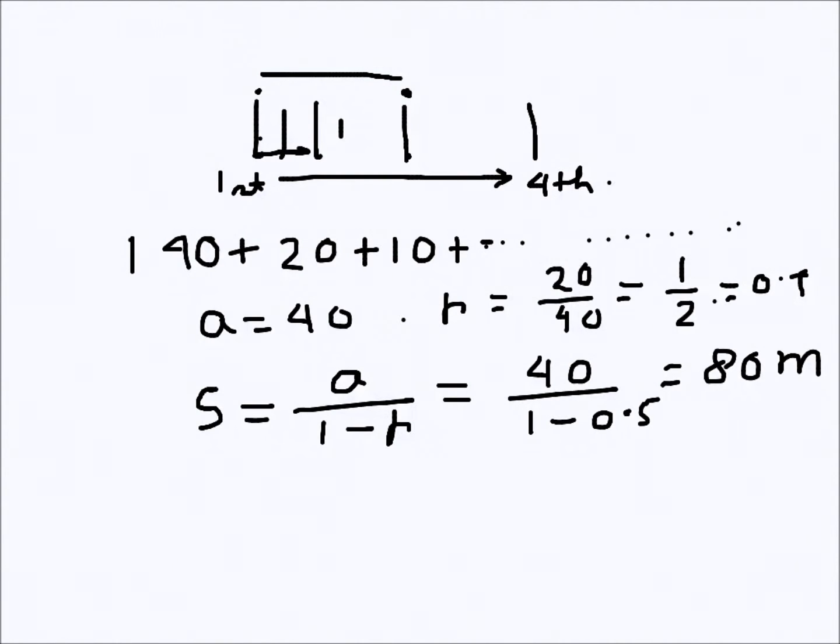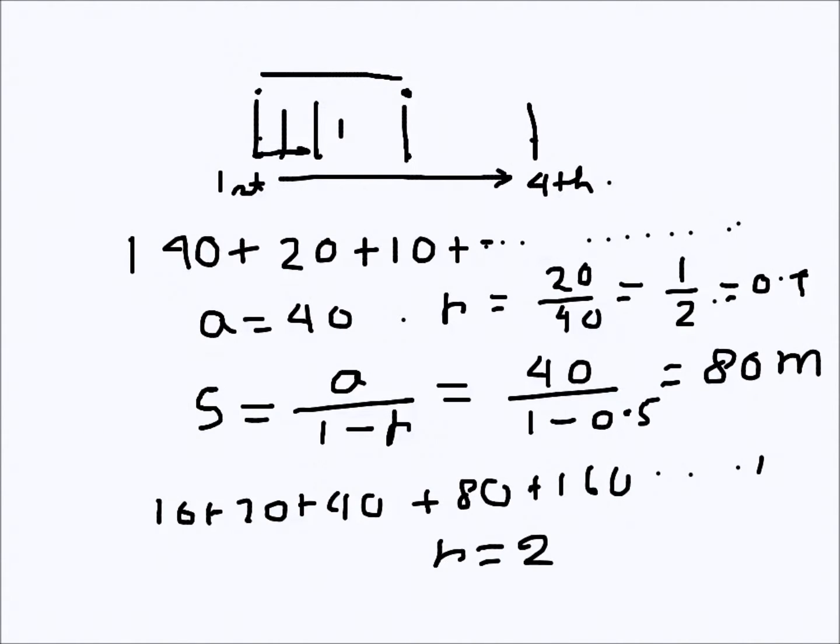Now the last one says the coach asks, what if he runs the other way around, that means the series becomes something like this, and if we keep adding cones, r now becomes 2. So this formula is not possible, because this formula is a simplification of a times 1 minus r to the power n over 1 minus r.